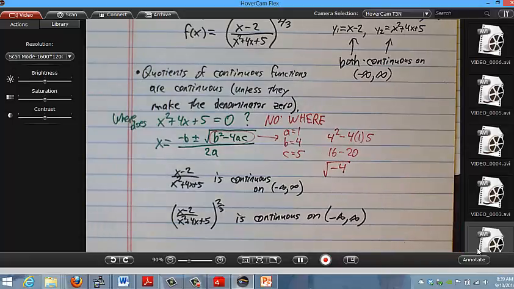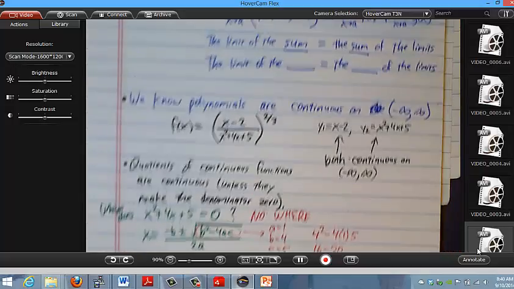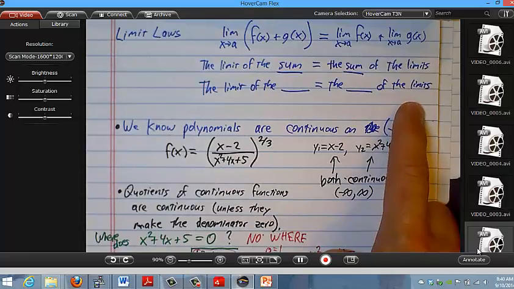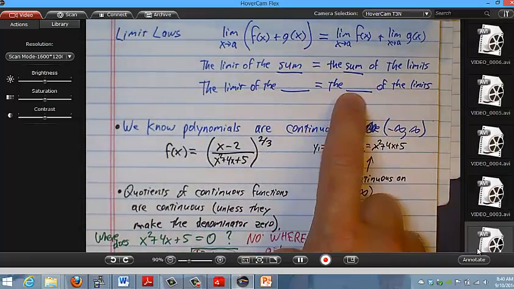Okay? So again, all these rules that they talk about in this section about all the things you can do, you can put continuous functions together and get new functions that will also be continuous. It works pretty nicely. But it all comes down to the fact that limits behave very nicely. Matter of fact, this little law that I put up here, the limit of the blank is equal to the blank of the limits. I don't think you'll get something that you can put in the blank that doesn't work until Calc 2.